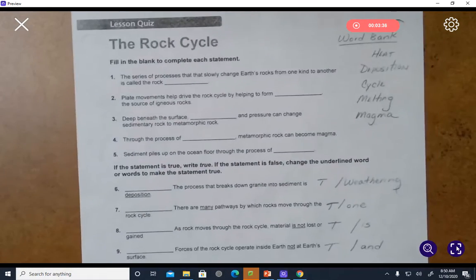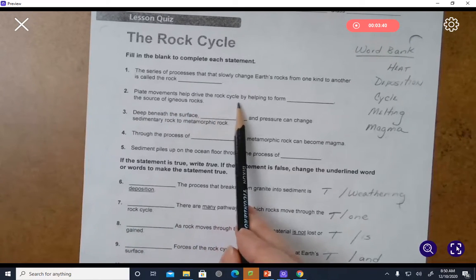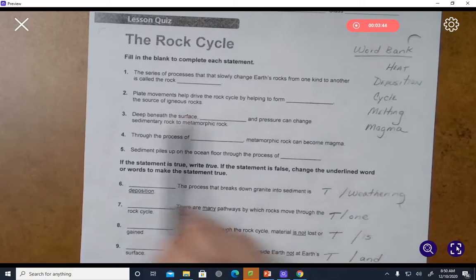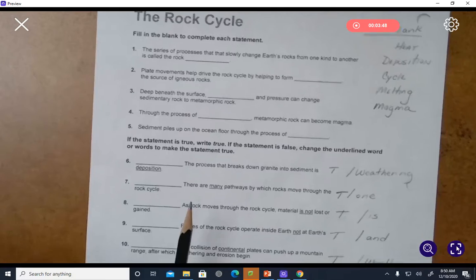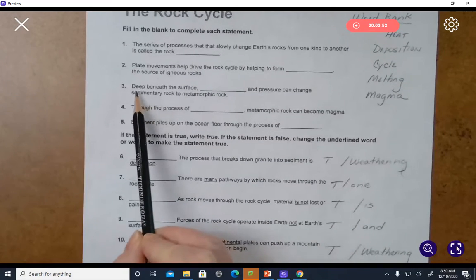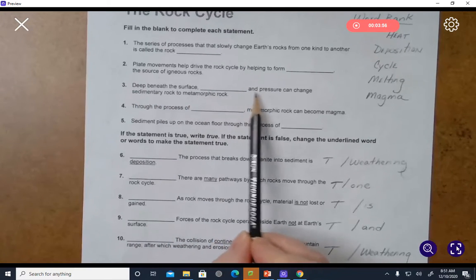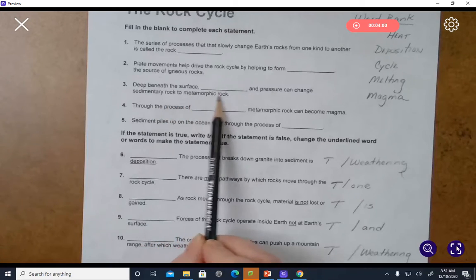Sorry about that. Number 2, plate movements help drive the rock cycle by helping to form blank, the source of igneous rocks. Number 3, deep beneath the surface, blank and pressure can change sedimentary rock to metamorphic rock.